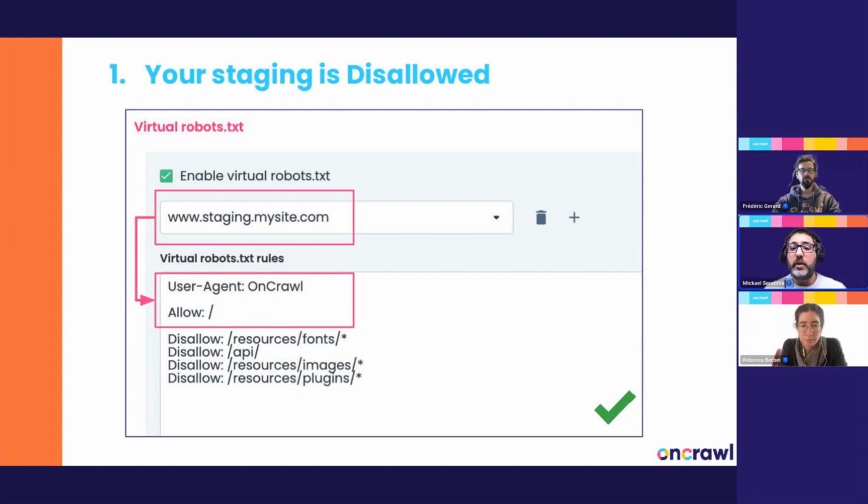Don't forget it's only for Oncrawl, so it won't be applied on your site. And then allow everything. You can also disallow some folders or resources if you don't want the crawler to access them. So that's the way we do it when the staging site is disallowed.